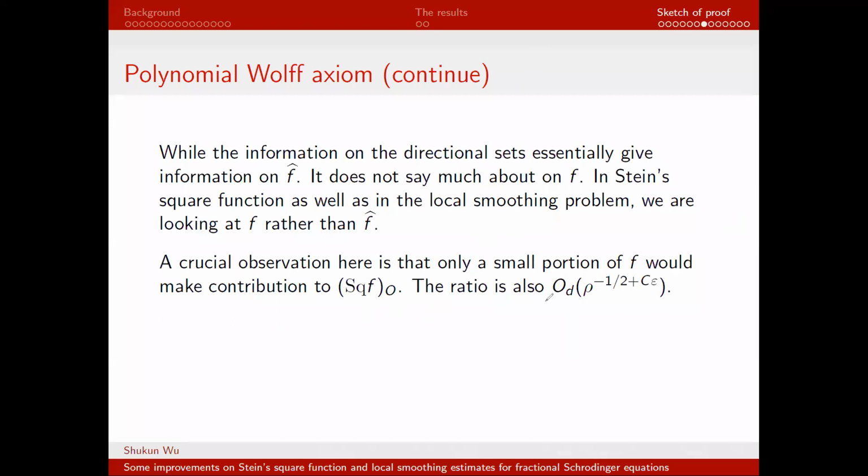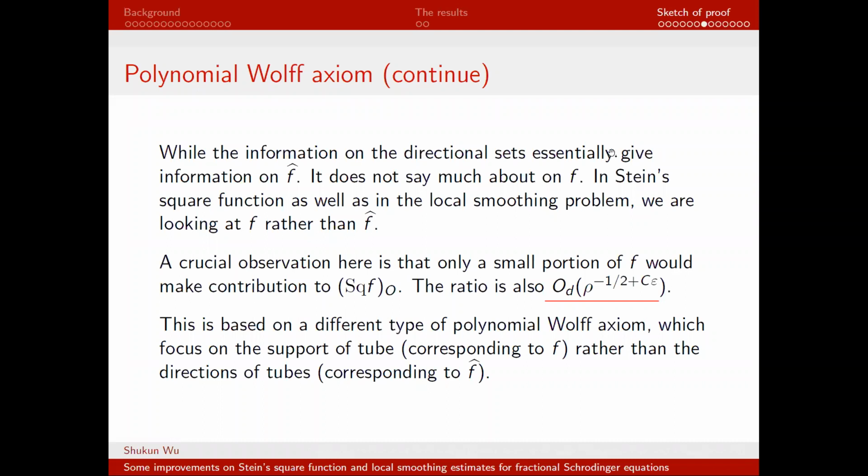And the ratio is exactly the same ratio as the restriction problem. And this is based on a different type of polynomial Wolff axiom, which focuses on the support of tubes. So the support of tube corresponds to F, and the directions of tube correspond to F hat.